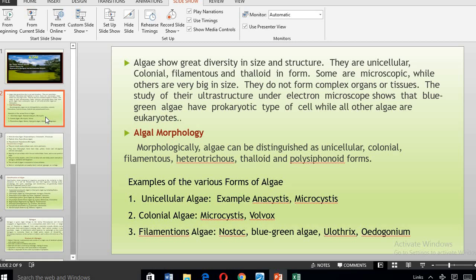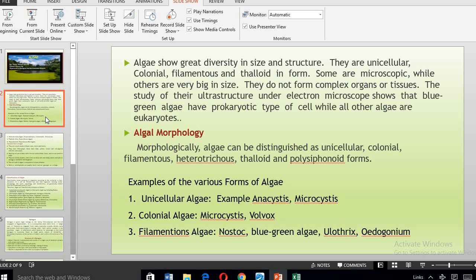That is the meaning of heterotricus. Now, polysyphonoid is coming from the word siphon, which is just a filament. So poly then means many siphons, so many filaments. So these are just algae that have multiple filaments.